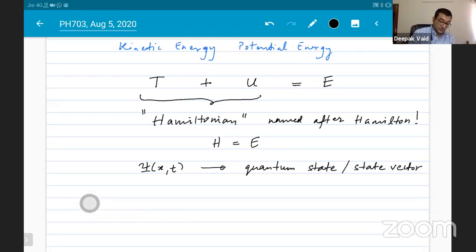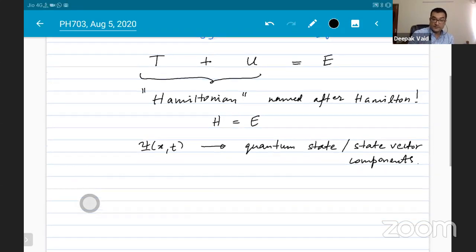So we should not refer to this as the vector, but it is the state vector components. There is a single component for each point x.